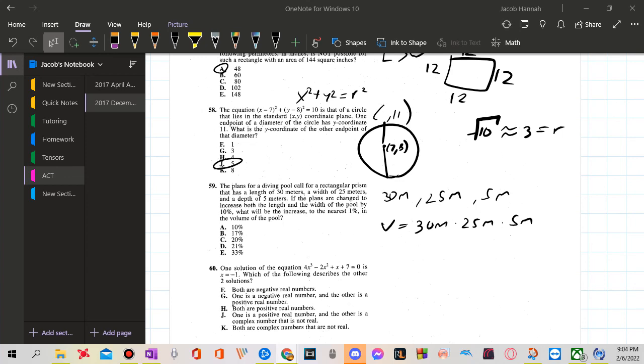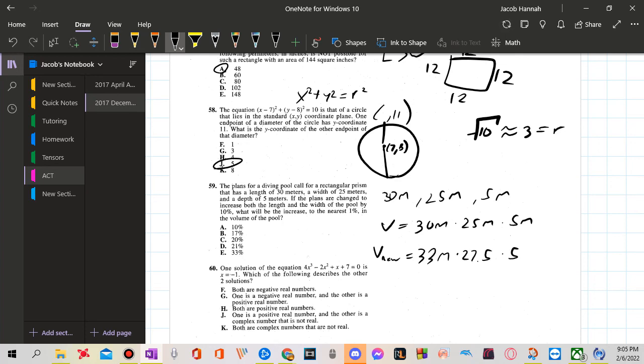So this is some number, and this is the new one. 10% of 30 is 3, so we add 3 to it. 10% of the width, 25, is 2.5, so we add that to 25, and that's going to be 27.5. And the depth stays 5, since this is just the depth, right?